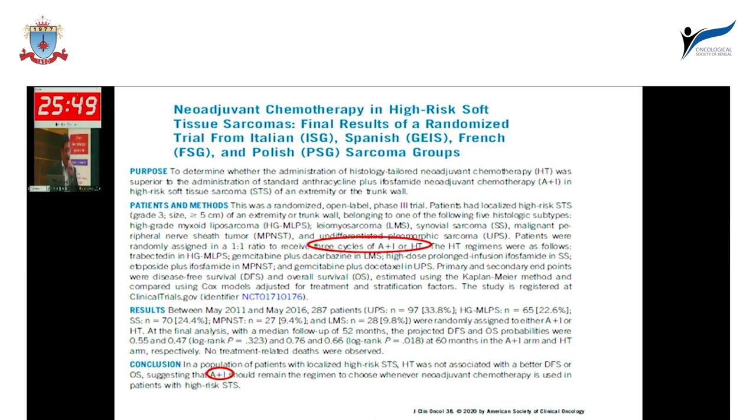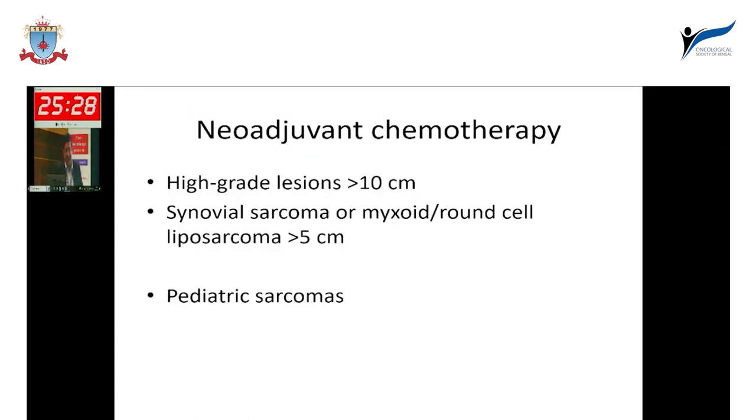Yep. So we can see on this slide, this is a randomized trial which looked at using customized chemotherapy based on histology versus the usual doxorubicin and ifosfamide. And I think we conclude that doxorubicin and ifosfamide should remain the standard regimen.